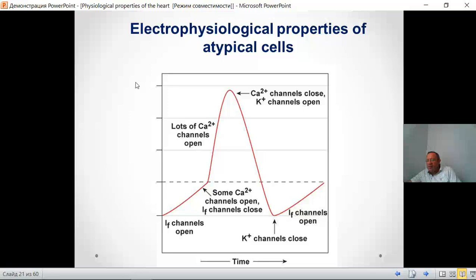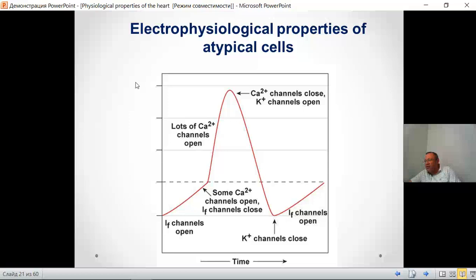Note that the upstroke is not as rapid or as steep as in the other types of cardiac tissues. In the other myocardial cells, the upstroke is a result of an increase in gate sodium and an inward sodium ion current.